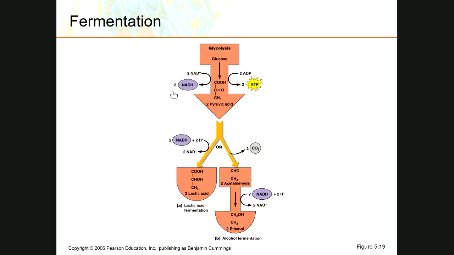Now the NADH and the electrons that it's carrying are not being taken to the electron transport chain here. They're being used to reduce and produce the end product, whether it's lactic acid or alcohol fermentation. And that way the NADH and the NAD get recycled. And so as long as the cell has sufficient glucose, it can keep making enough ATP to survive.